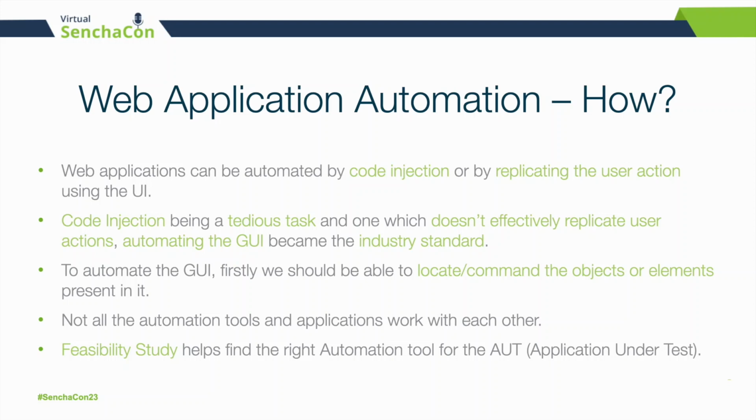Because of this, the latter one became an industry standard. To automate the UI component, first we should be able to locate the UI component using the automation tool perfectly. Once we are able to locate the element using the automation tool, we should be able to command over the element. So this is how web automation is achieved.